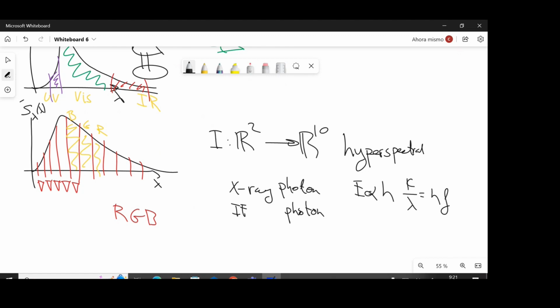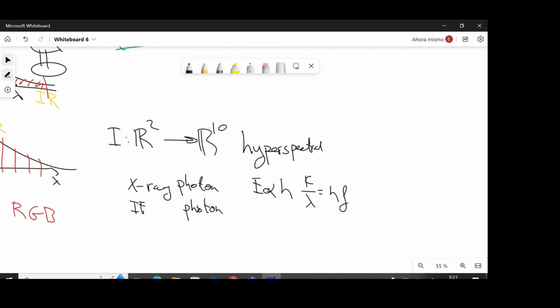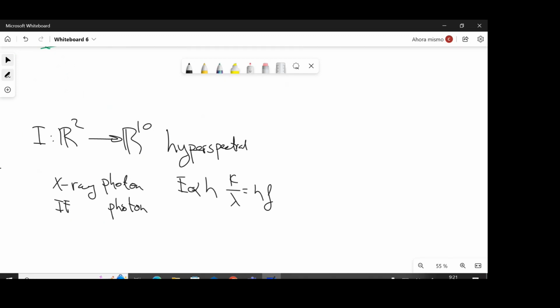But X-rays are faster, so X-rays should burn more. So these photons are more energetic, and that's actually why they are harmful. They are more energetic, but they seldom interact. They go so quickly that matter doesn't have a chance to interact with them.